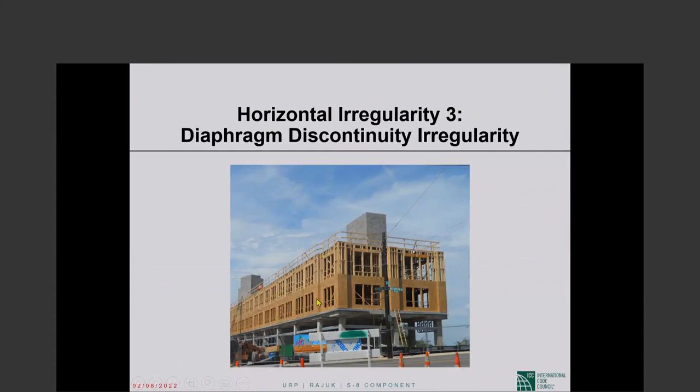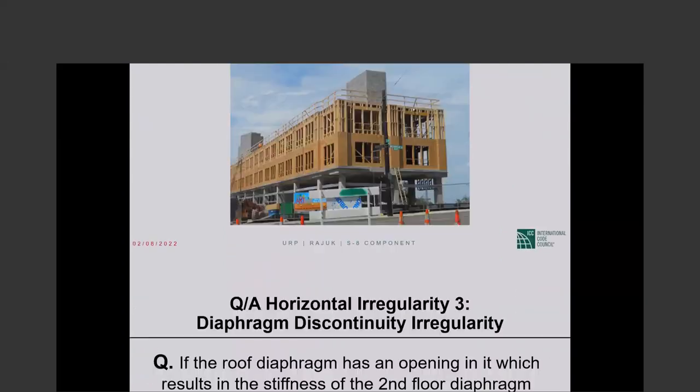A wood structure sitting on a concrete podium structure, as they are called. This concrete structure is not as stiff as they usually are, but the point is that this diaphragm is concrete. Those diaphragms are made of wood, and you definitely have more than 50% change in stiffness. So we are looking at this diaphragm discontinuity irregularity.